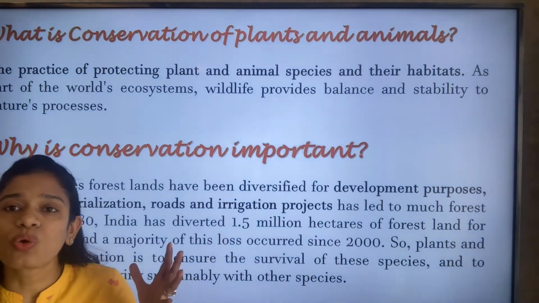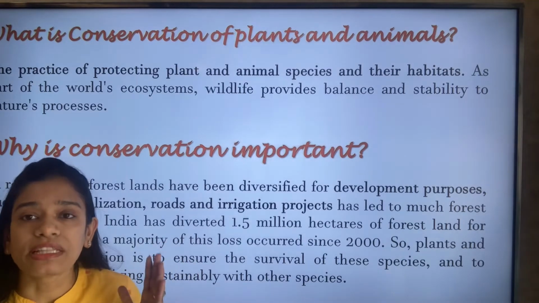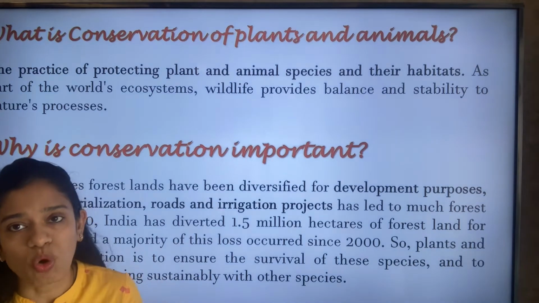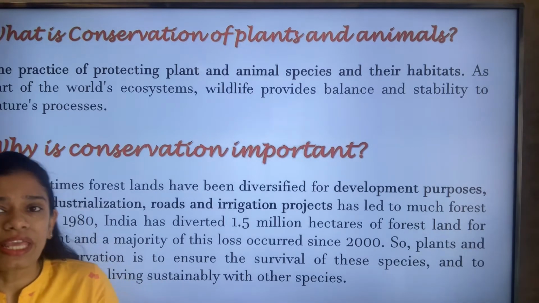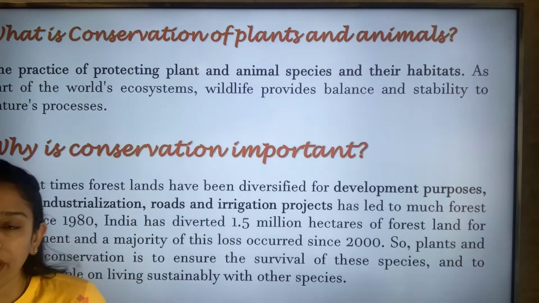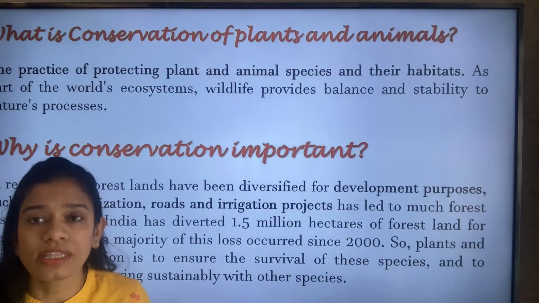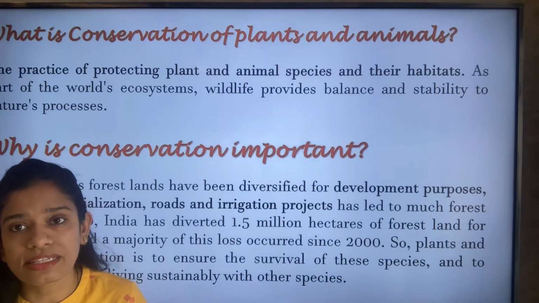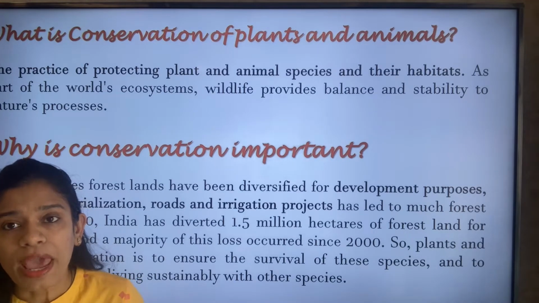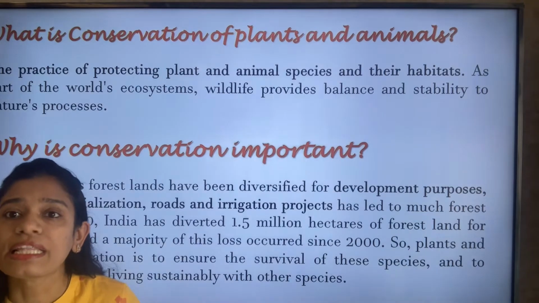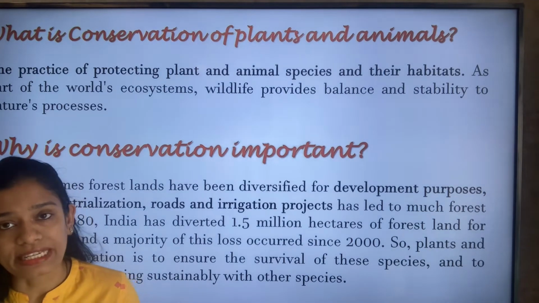So it is not only conserving the animals and the plants, but also the exact habitat in which they want to live. Now, why is this conservation so important? Why has it been included as a chapter in the class 8 NCERT CBSE Biology? Because in daily times we get to see animals going extinct.